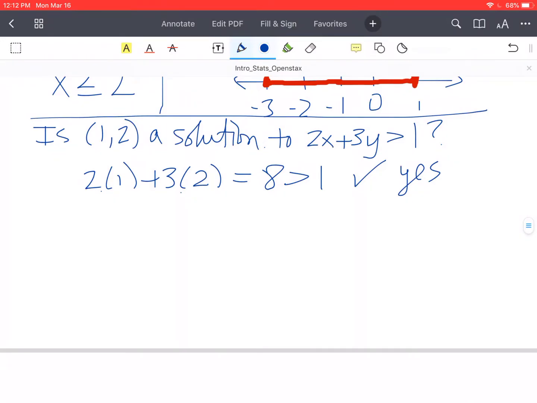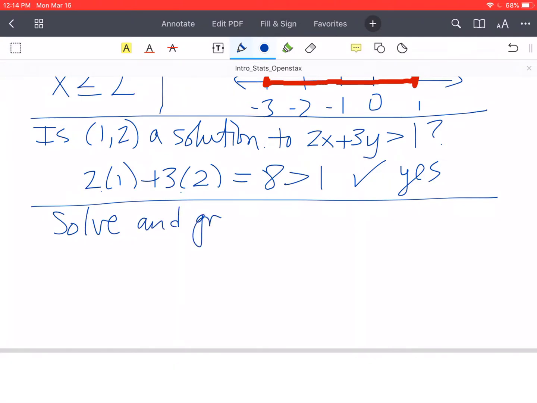We can look at other examples, just one more really quick. Solve and graph 4y minus 2x less than or equal to 6. When we're working with inequalities like this, we can work with them the same way that we work with equalities, with a couple minor differences, like if we have to deal with multiplying by negatives, but that's not going to come up in this situation.